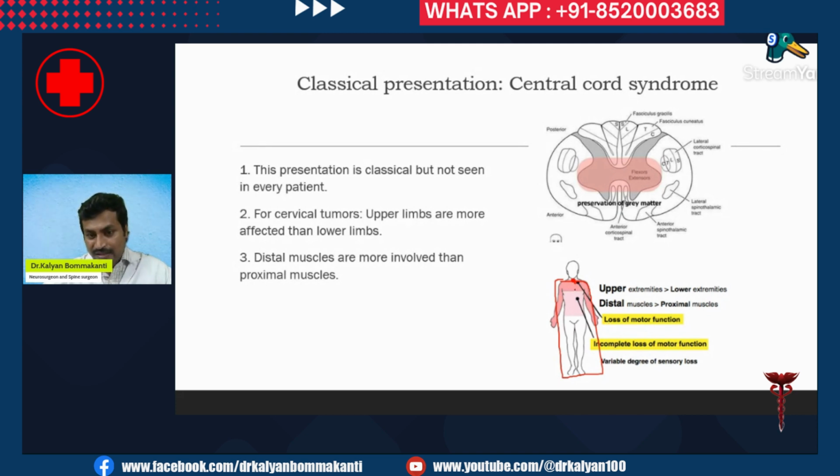Below the level of the tumor, he will have partial paralysis and a variable degree of partial sensory loss. And whenever it's involved, the hands are involved more than the legs. The distal muscles, the muscles in the periphery, far off in the hands, are more involved. That is, the muscles of the fingers, muscles of the palm are more involved than muscles of the shoulder.